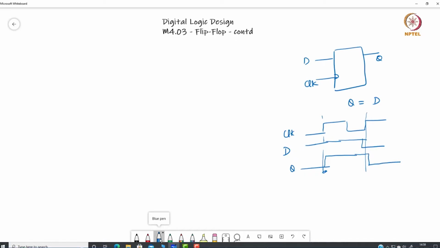Similar to D flip-flops, there are other types of flip-flops which we are going to discuss today. One of them is the RS flip-flop. This RS flip-flop is actually the fundamental flip-flop, because similar to the RS latch, this flip-flop is also a very basic flip-flop, and it is fundamental because all other flip-flops can be designed using the RS flip-flop.